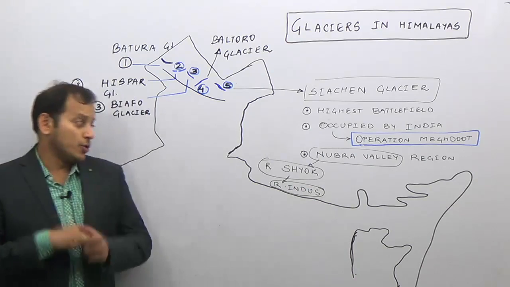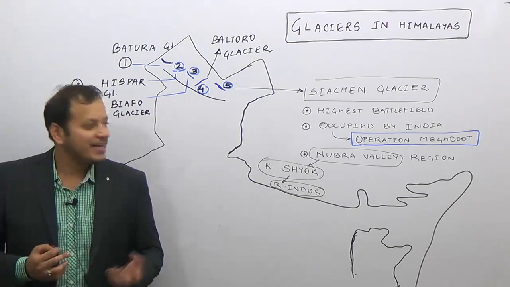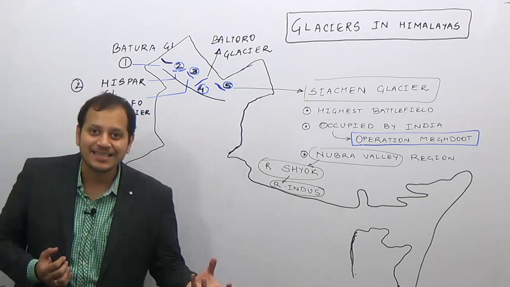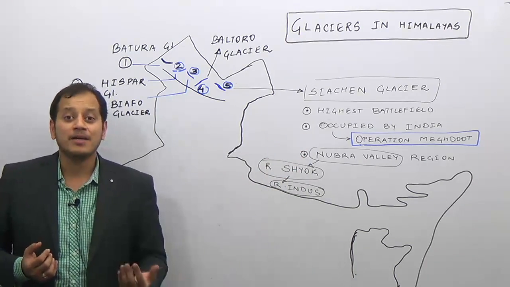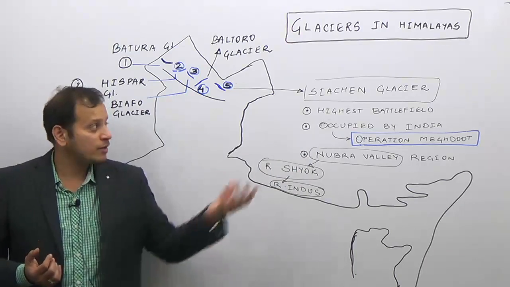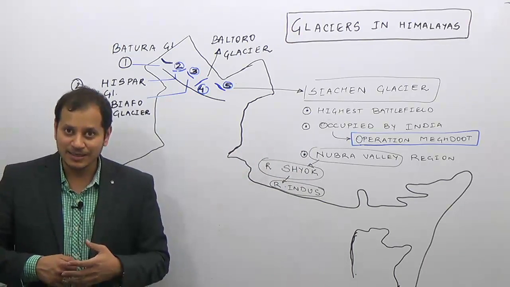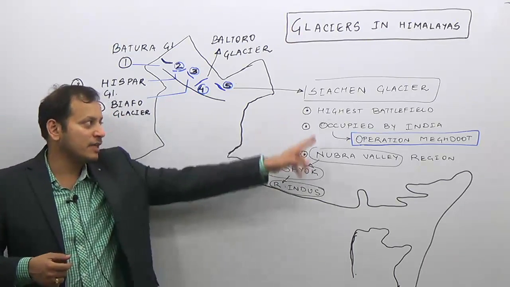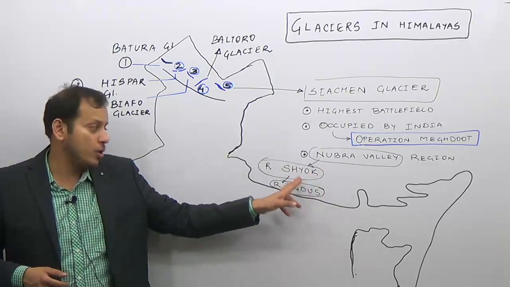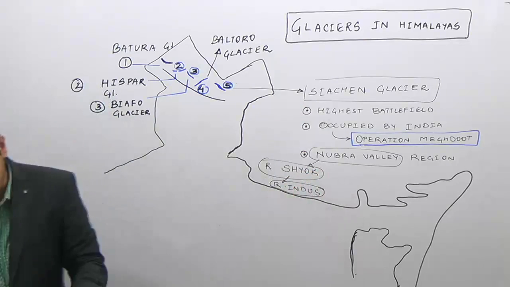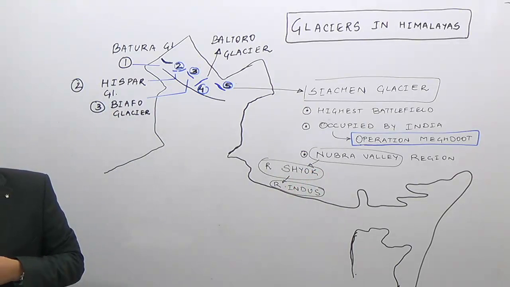So can we say in the end that the river Indus is fed by the glacier meltwater from the Siachen Glacier? Yes. The Siachen Glacier melts as the Nubra river, then it joins the river Shyok, and the river Shyok will finally join the river Indus.